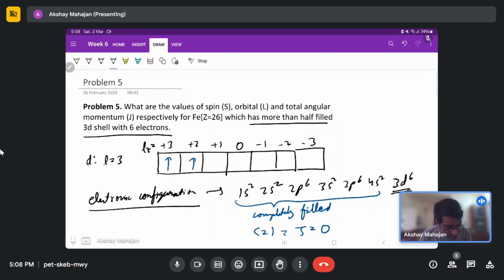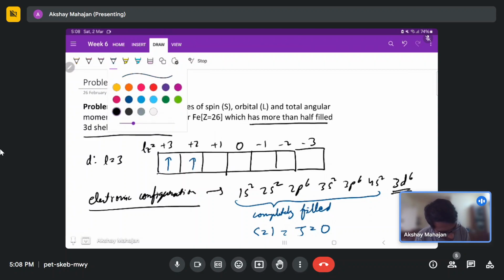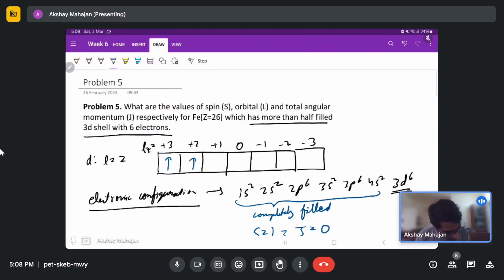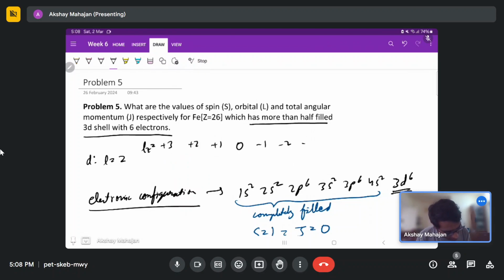We have the 3d shell. Okay, sorry, my mistake. For d, L equals 2.